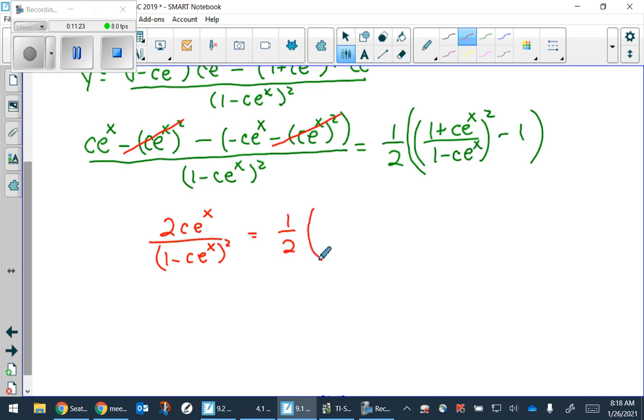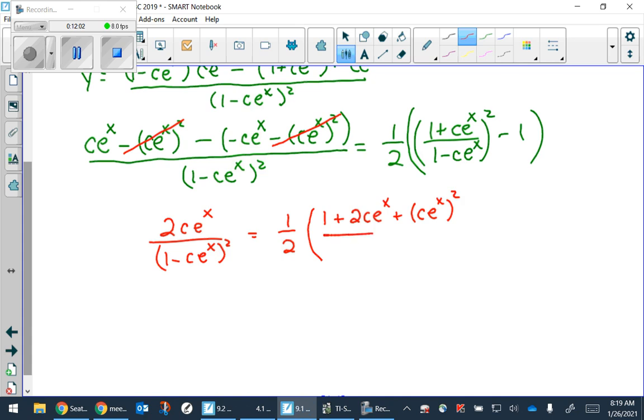Now, I'm actually going to square this thing here. I think I might have to do that. And I'm going to have, in my numerator up here, a 1 plus 2c e to the x plus (c e to the x) squared.